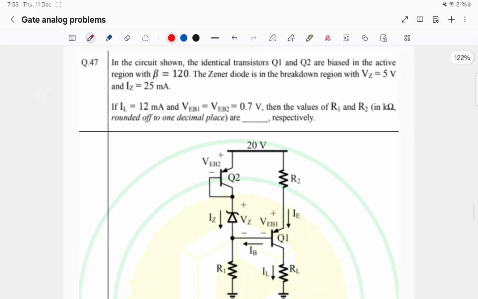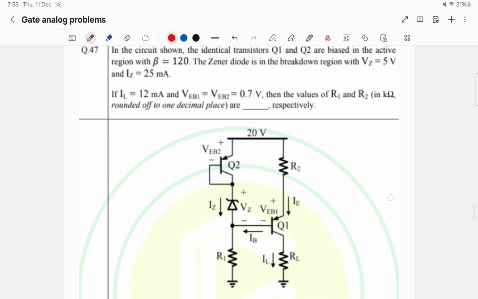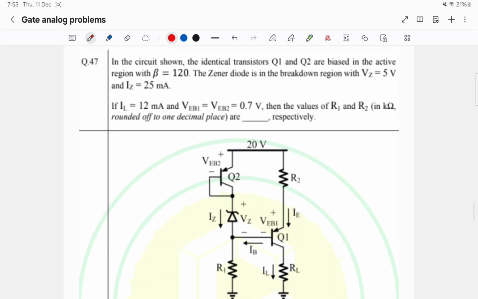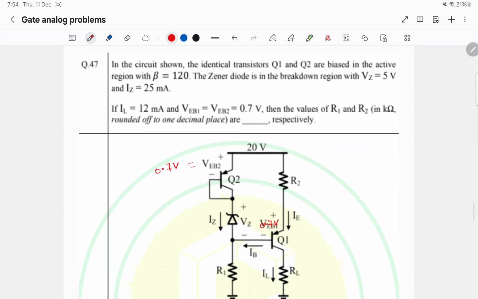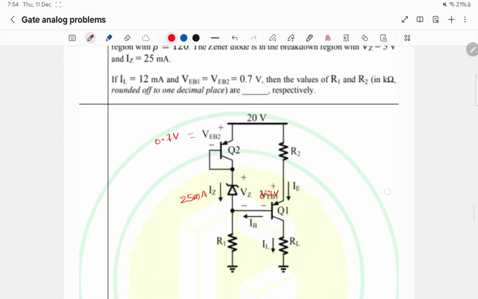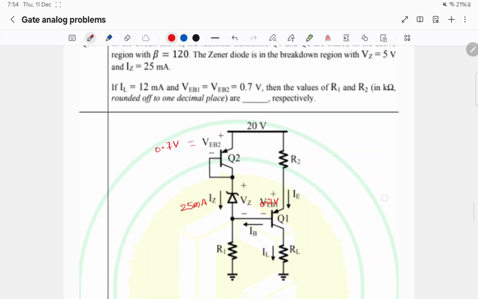In this question they are asking the values of R1 and R2. It is given that VEB2 is 0.7 volts, VEB1 is also 0.7 volts, and IZ is 25 milliamps and IL is 12 milliamps.